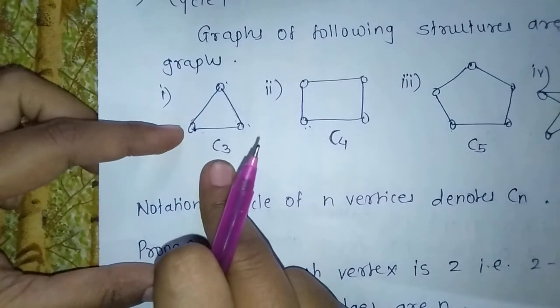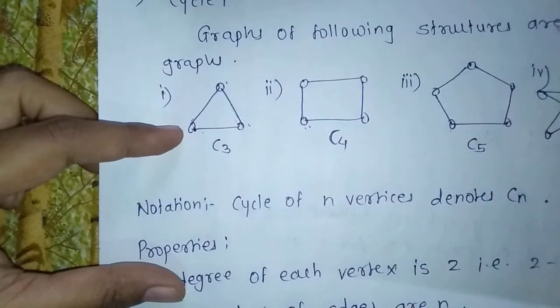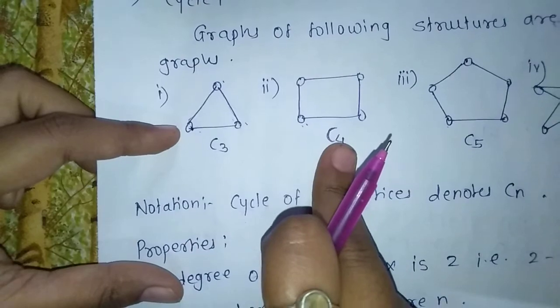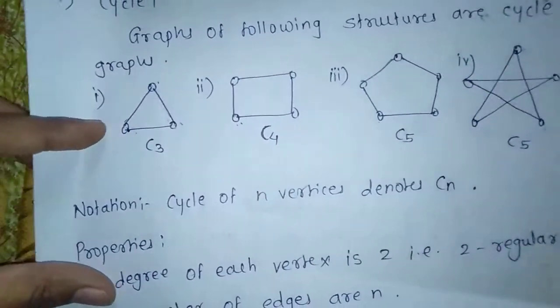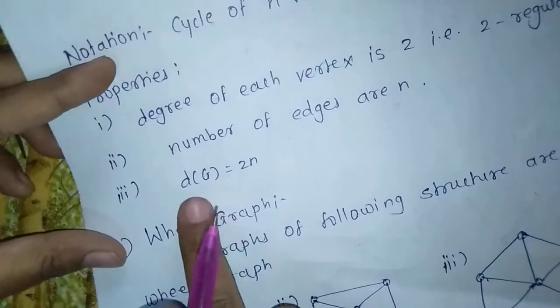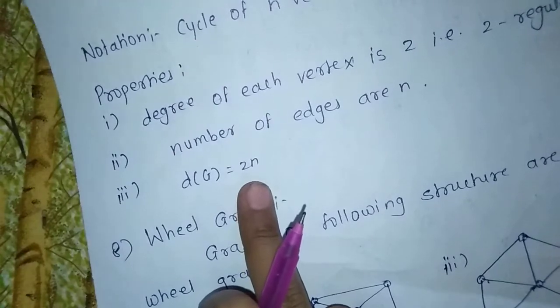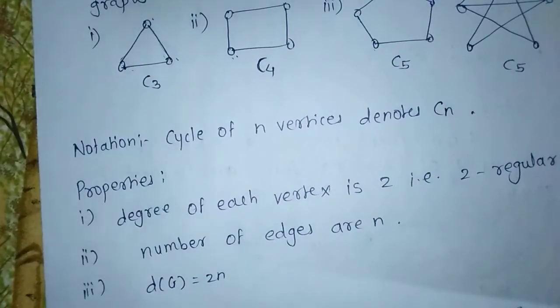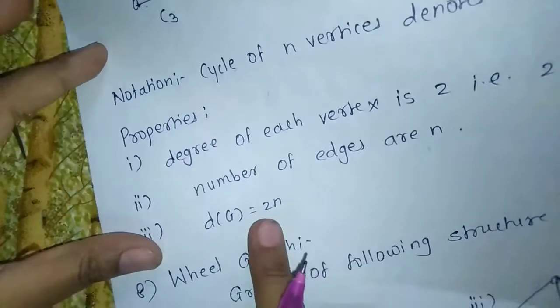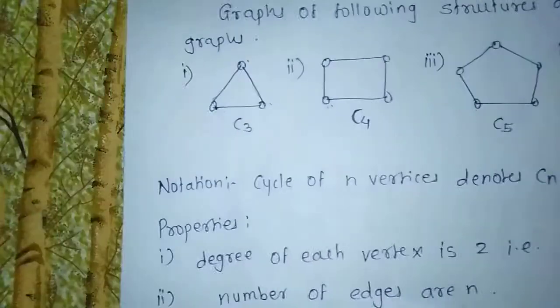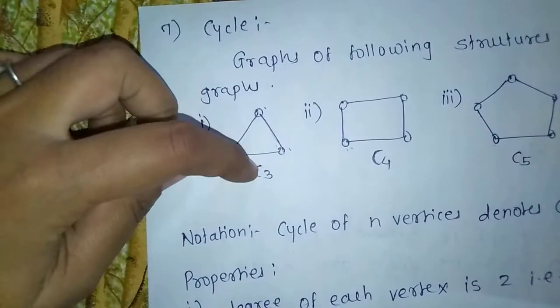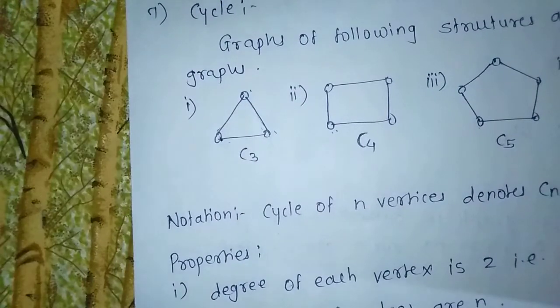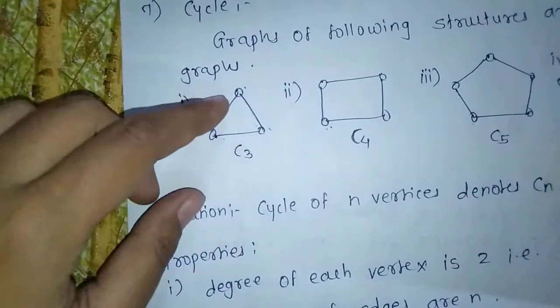Here n is 3, the number of edges is also 3. Here n is 4, the number of edges is also 4. Similarly for C5. And the sum of degrees is 2n. Each vertex has degree 2, so adding these 3 vertices of degree 2, we get 6.